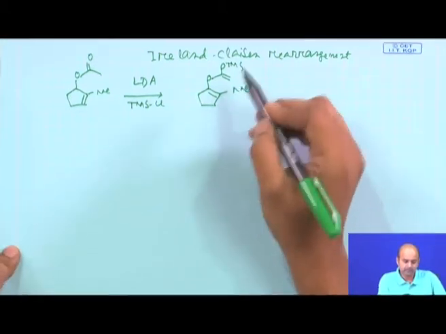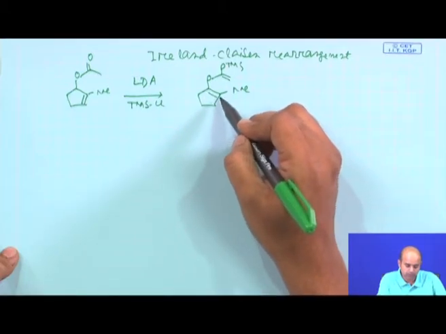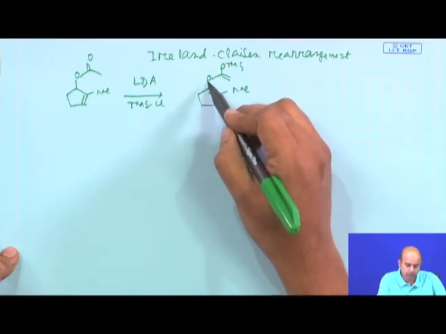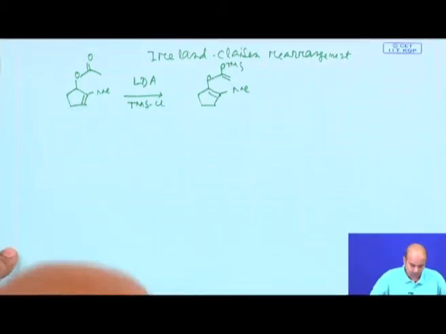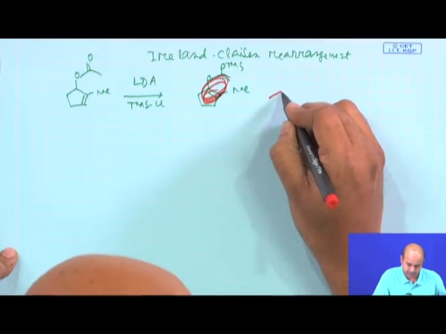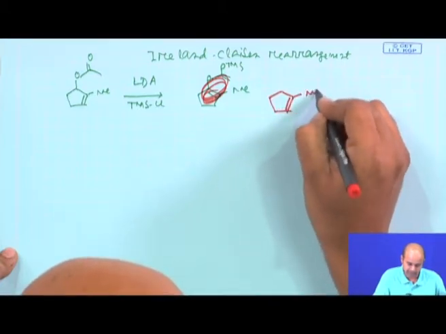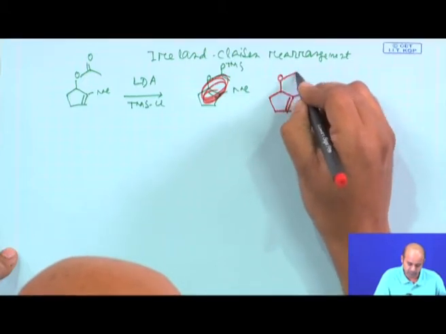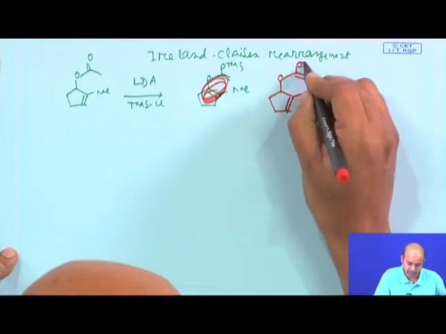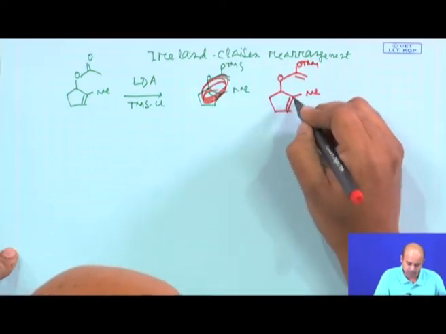Now, you see it is 1, 2, 3, 1, 2, 3. Oh, sorry, this double bond had been replaced. So, the structure which was initially this, yes, this is the correct structure.